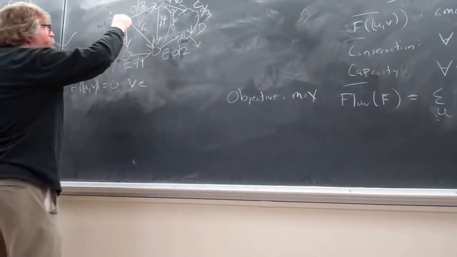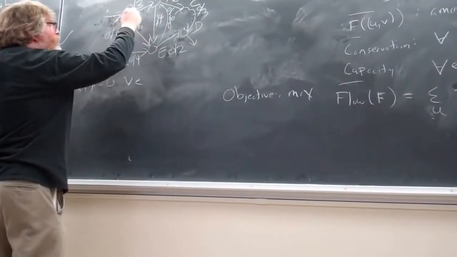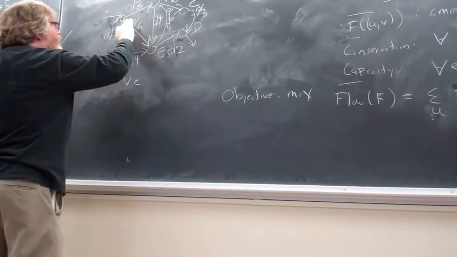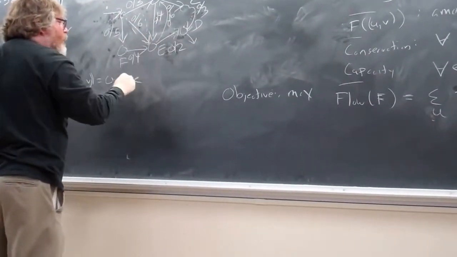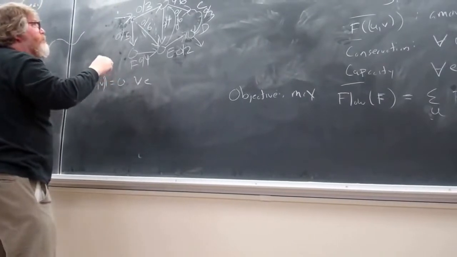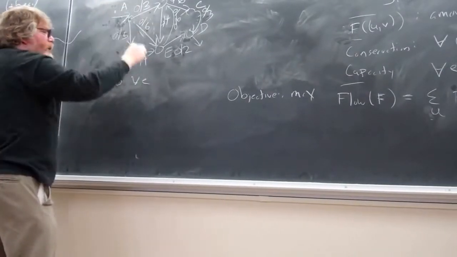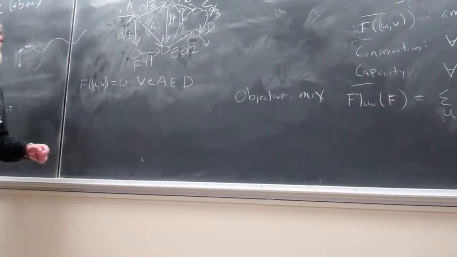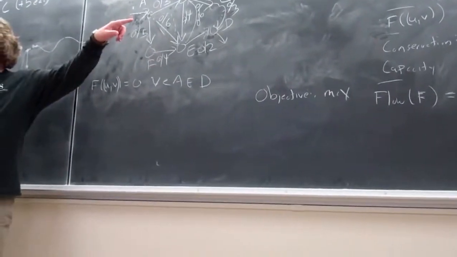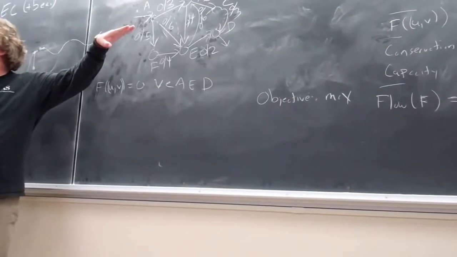Let's say that we find the path A to E to D. So that's the path that we found when we did depth first search.